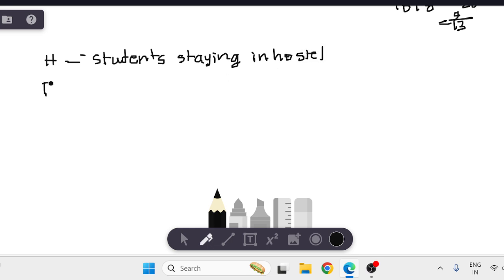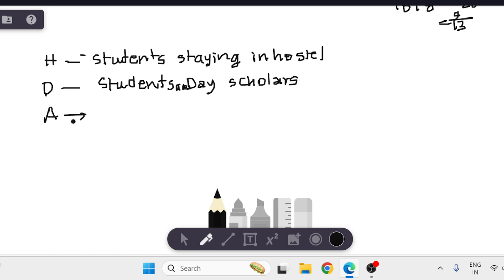D represents students are day scholars. And A represents that students achieve grade A. So if you write like this, later.